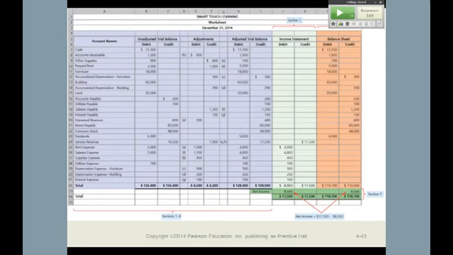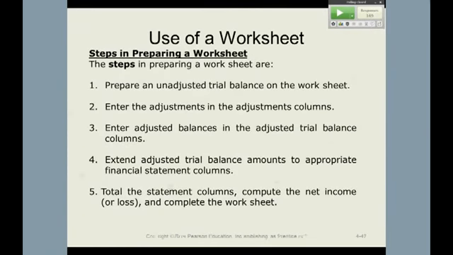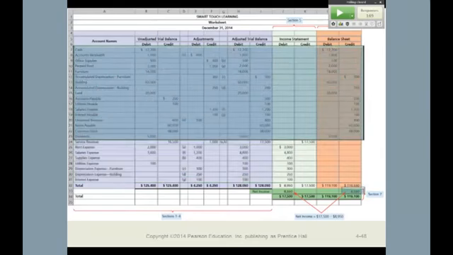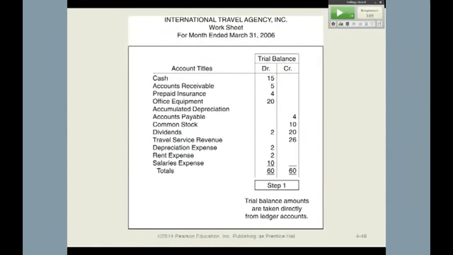Now, obviously you need an example to see this, and we'll do that in just a second. So let me move to that illustration. If you take a look at, I guess it's slide 49, and I'm going to put this on the doc cam for you so we can work it through.